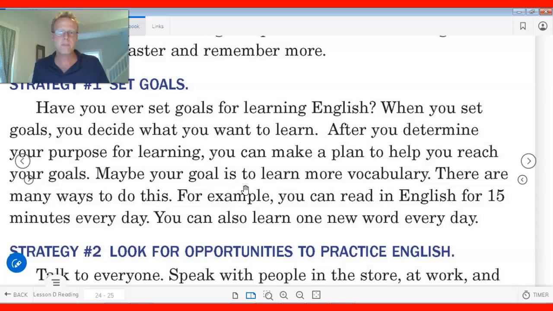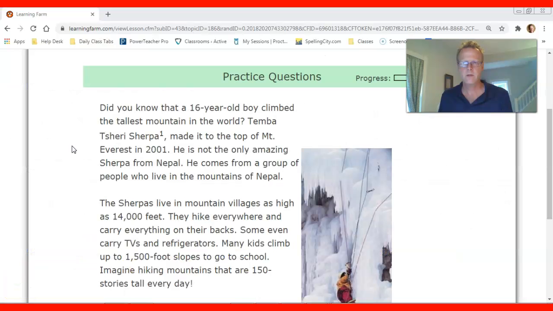All right? Let's do that. Let's see if we can use our new skills to answer some questions about this text. First of all, let's read it.